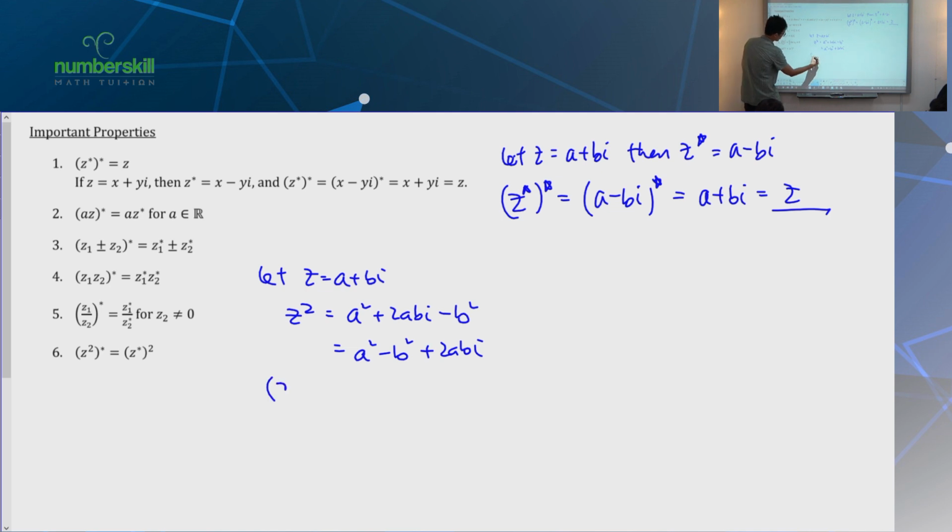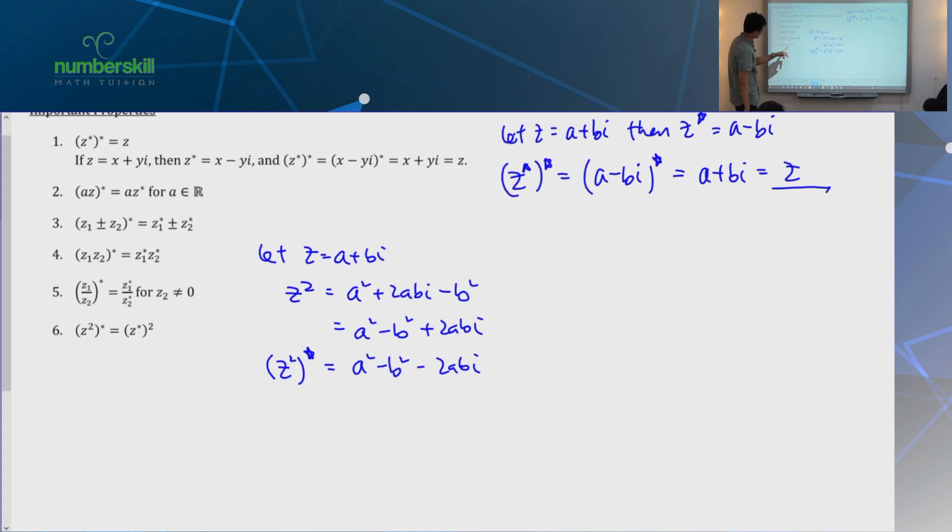Now what is Z square star? Z square star would then be a square minus b square minus 2abi. Make sense? So this is your Z square star. Now, is Z square star equal to Z star square? You check. This is actually the square of a minus bi.